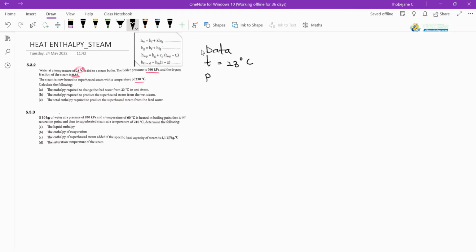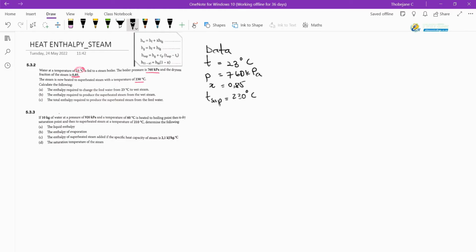We are given pressure, which is 760 kilopascal. We are also given the dryness fraction, which is 0.85, and we are given the superheated temperature, which is 230 degrees Celsius.